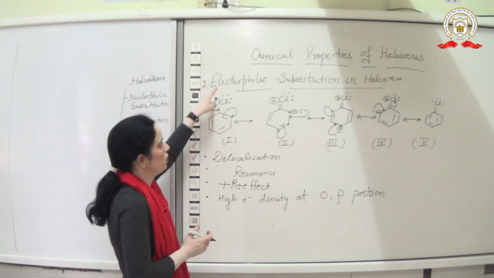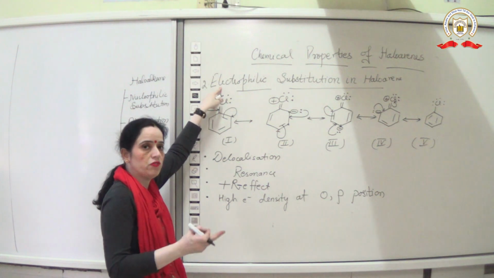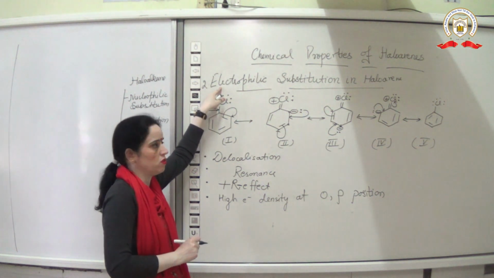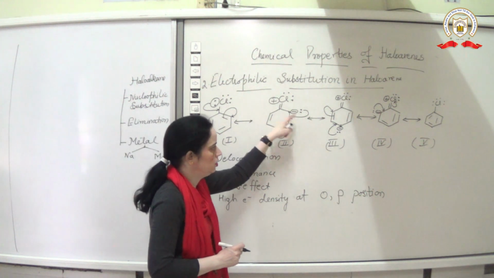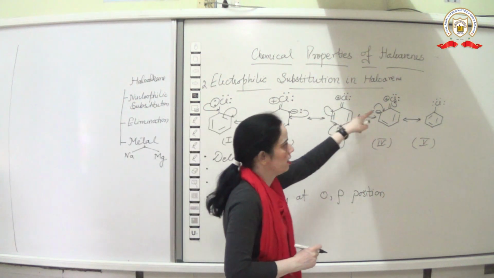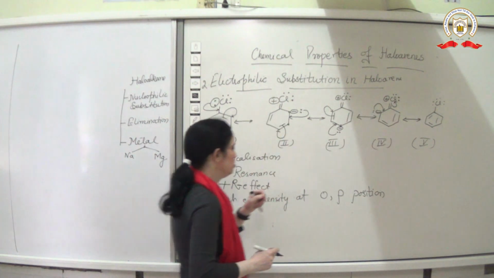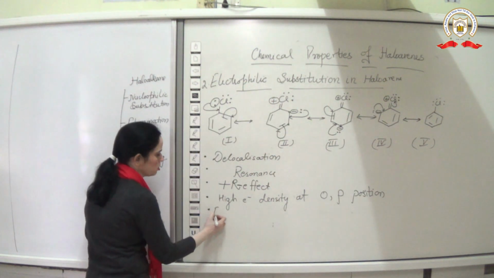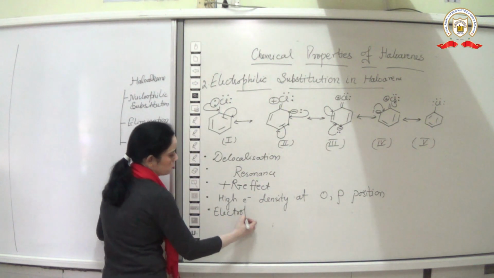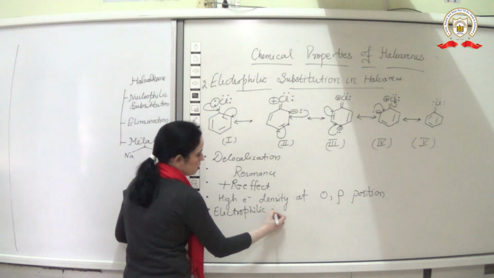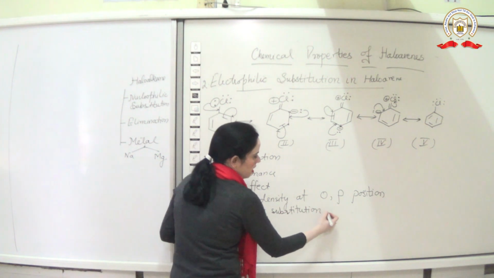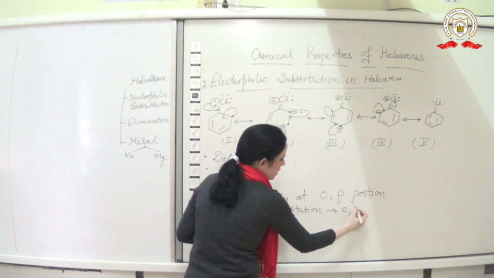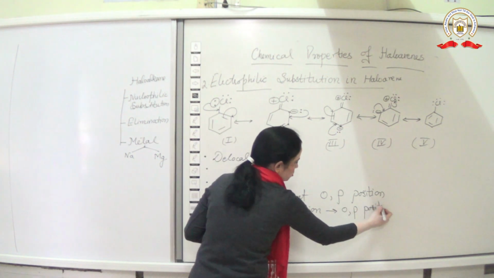So what do you think? Where is the electrophile going to attack? Electrophile, which is in search of electrons. So where does it get this fulfillment of electrons? At ortho, the para, again the ortho. So the electrophilic substitution would take place at ortho and para positions.